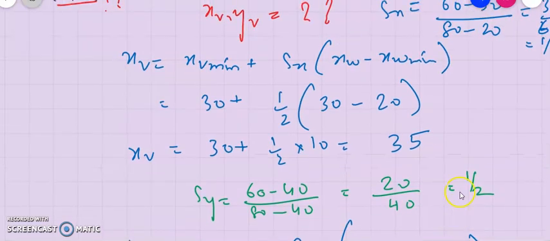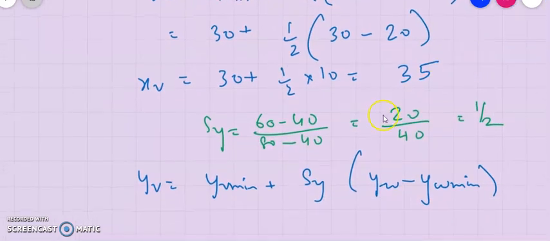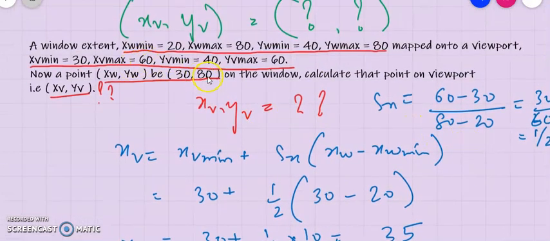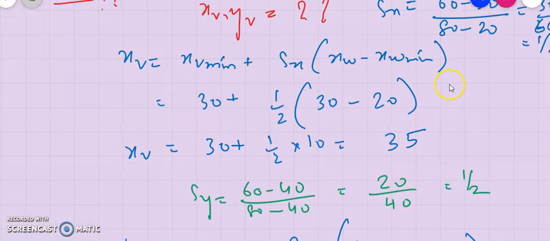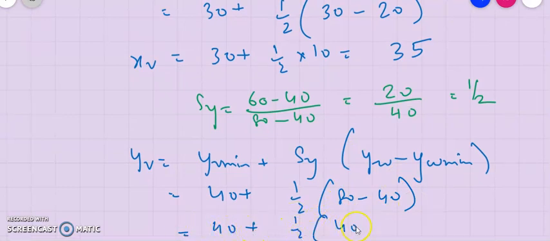What is YV minimum given to us? YV minimum is 40. So YV is 40 plus 1 by 2 into YW minus YW minimum. YW is 80 and YW minimum is 40. So it's 40 plus 1 by 2 into 40.